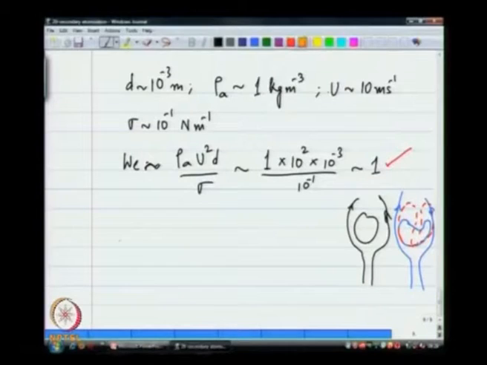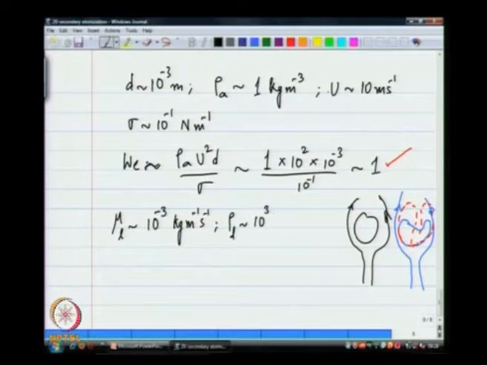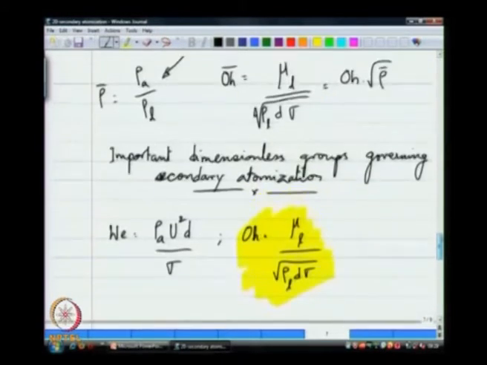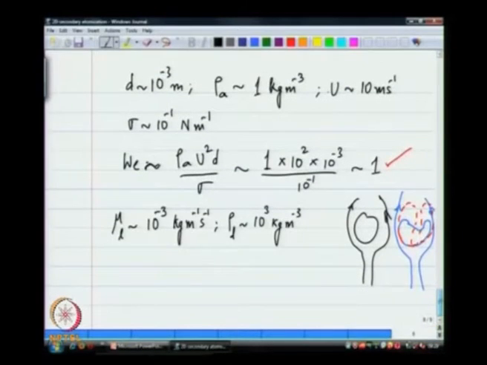Okay, let us do the Ohnesorge number calculation for the same fluid, for the same situation. Ohnesorge number requires mu L, which is about 10 power minus 3 kg per meter per second, rho L which is about 10 power 3 kg per meter cubed, d which is 10 power minus 3, and sigma which is about 10 power minus 1.